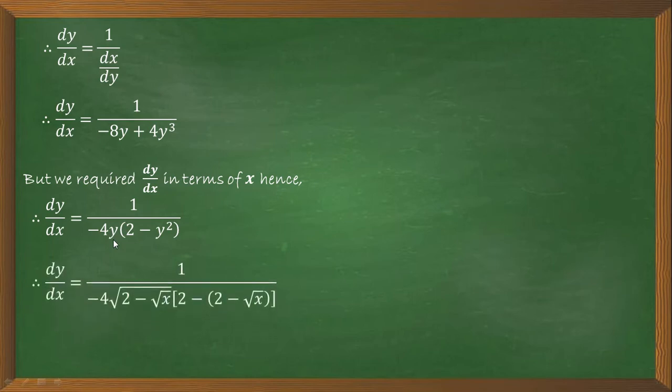Now from equation number 1, we replace y here with root of 2 minus root x, into bracket 2 minus, in bracket, 2 minus root x, and solving further we get dy by dx. Finally, 1 upon minus 4 times root x into root of 2 minus root x.